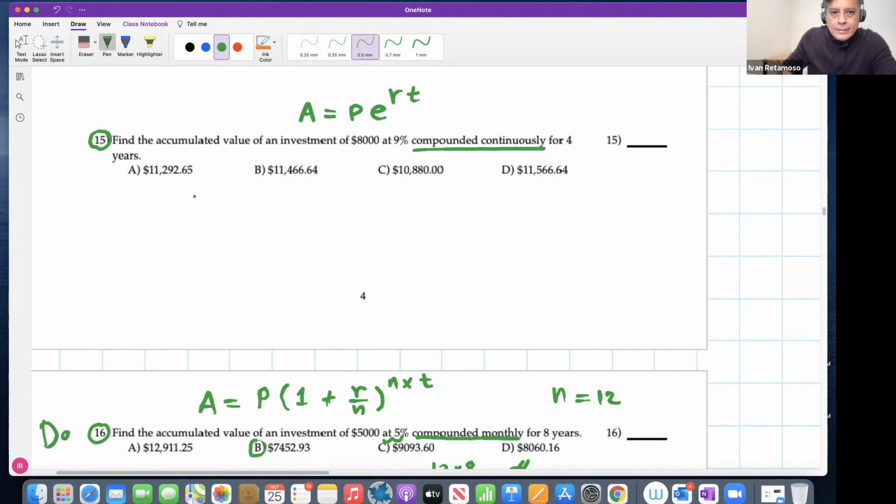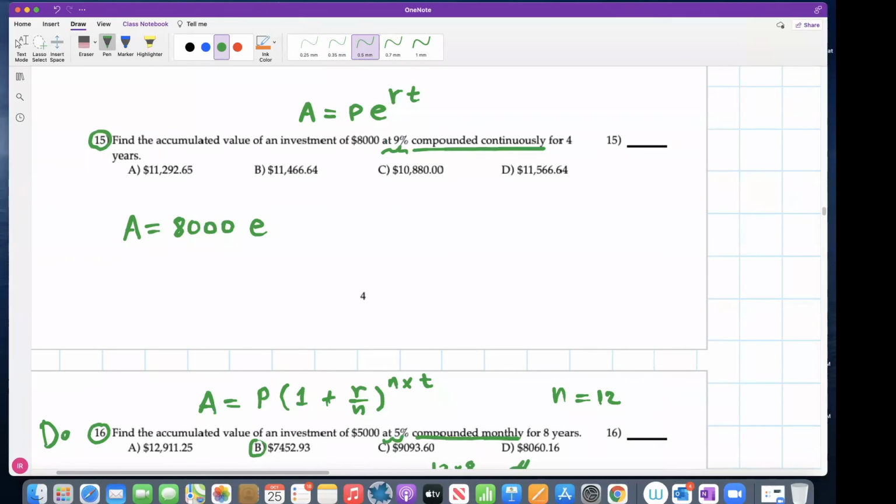Okay, let's write out the computation. P should be 8,000. E is the Euler number. R should be, what should be R? Could anyone tell us? It says 9%, but what should we write here as an R? 0.09.